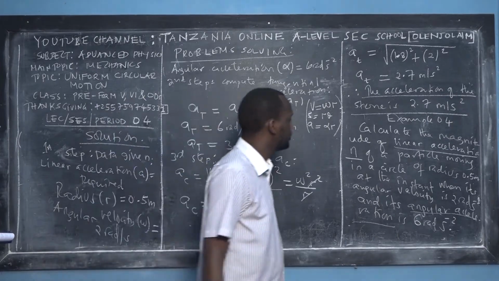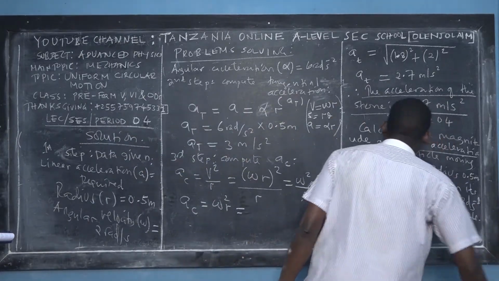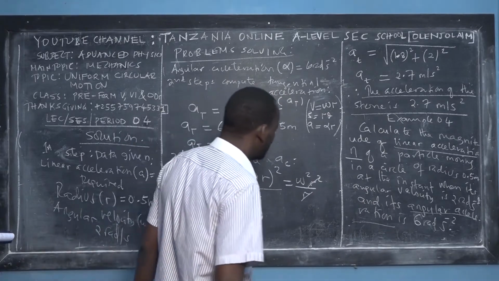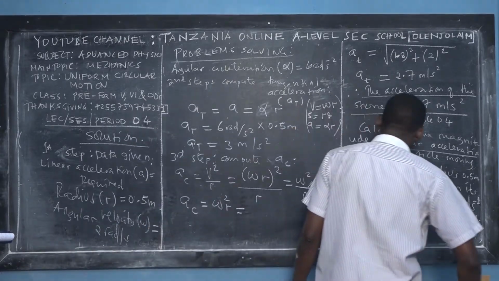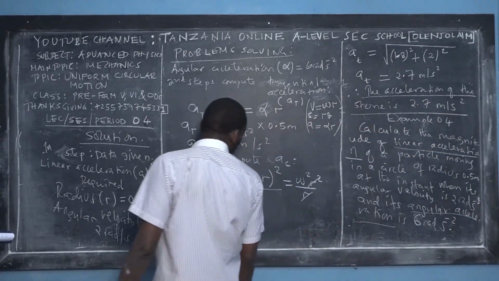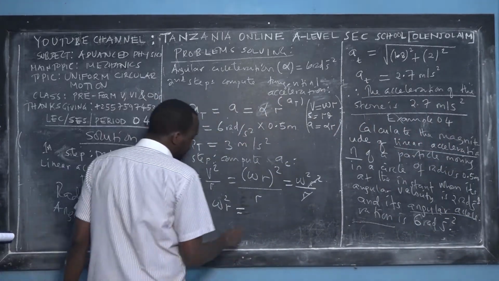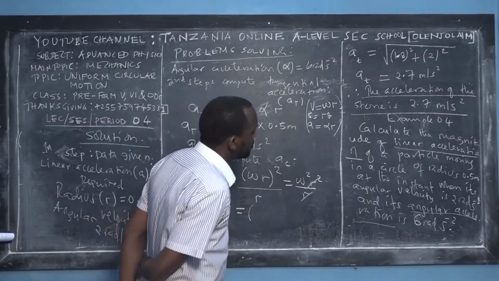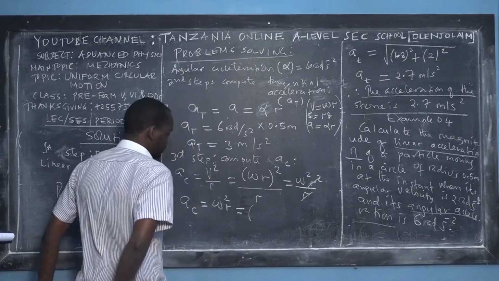At this point, the particle is moving in a circle of radius 0.5 meter, at the instant when its angular velocity is 2 radians per second, and its angular acceleration is that one. So what is the angular velocity? It is 2 radians per second.